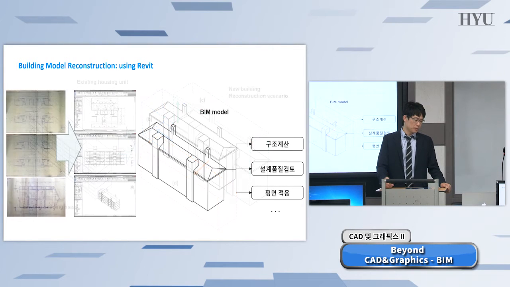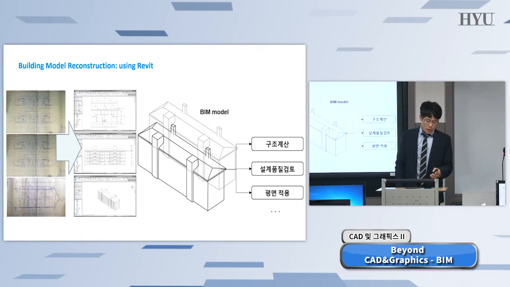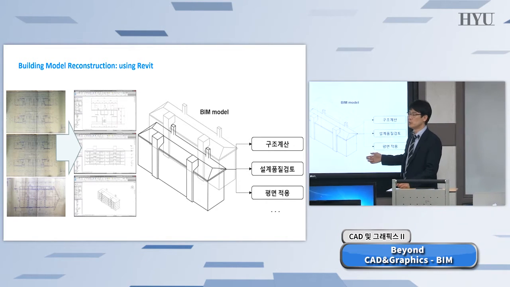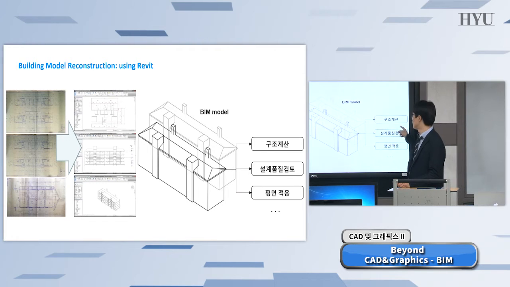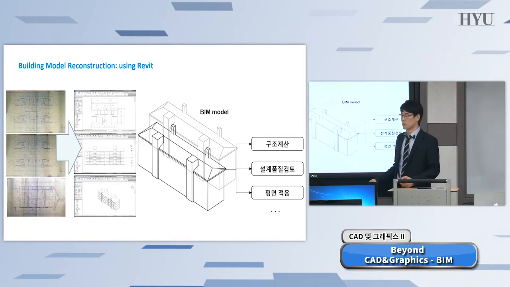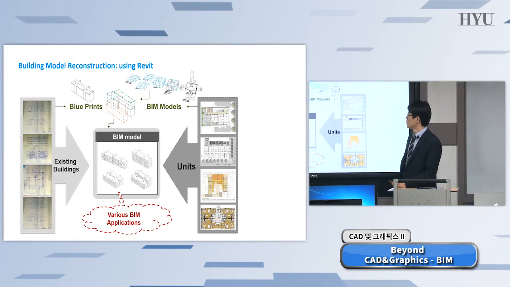So based upon those BIM models, we could do preliminary structural analysis, some design quality assurance, and apply several design alternatives. The basic concept diagram is something like this.